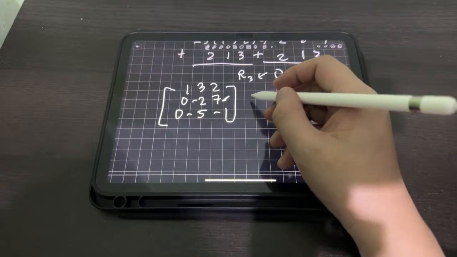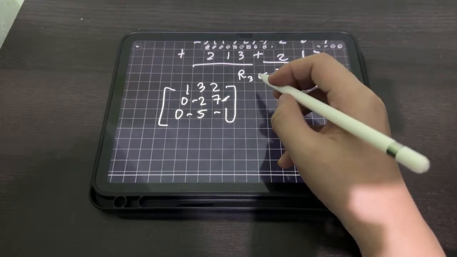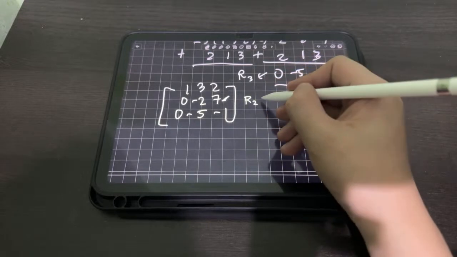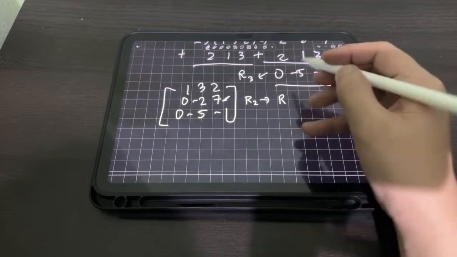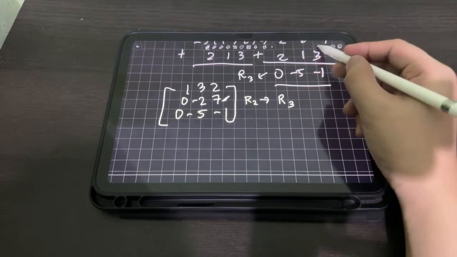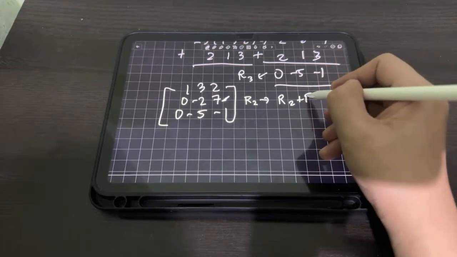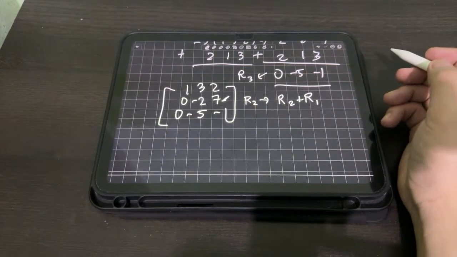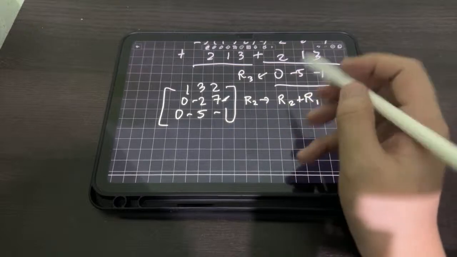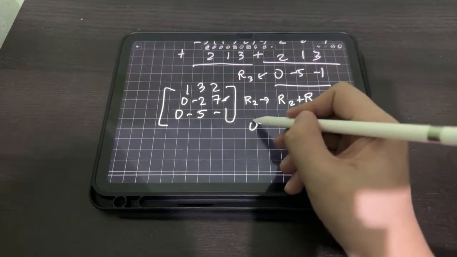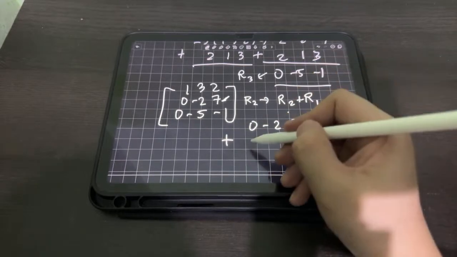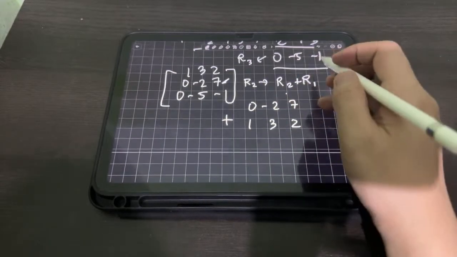So let's have row 2 become row 2 plus row 1. So row 2, 0, -2, 7 plus row 1, 1, 3, 2.